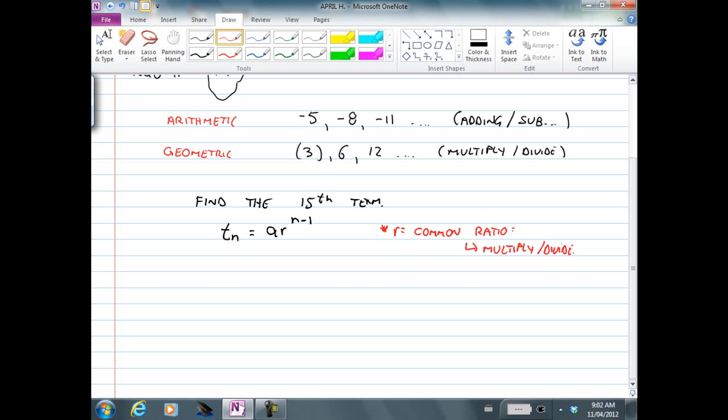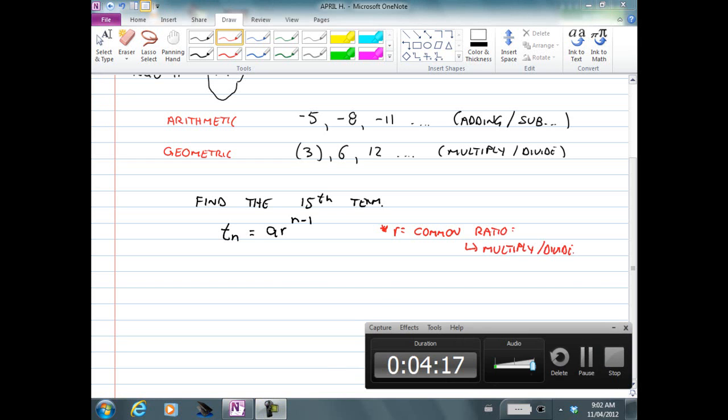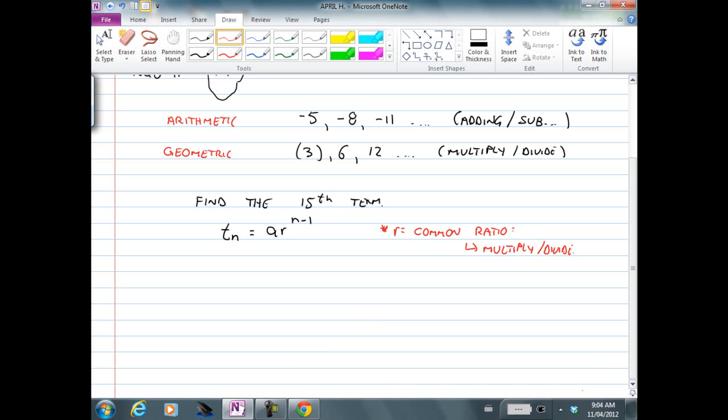Guys, take a minute, have fun, put in the formula, and find the 15th term. All I have to do is really just sub it in. Tn: A is 3 times 2 to the power of 14. The only trick you have to be careful about is, remember, you have to do exponents first.